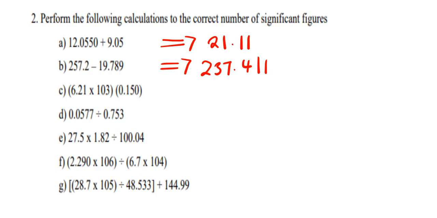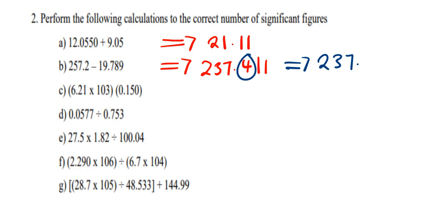I have to consider the one with the least amount of decimal places, because this is addition and subtraction. Which one of the two has the least decimal places? This one only has 1 decimal place at the end, the other one has 3 decimal places. So my answer, I'm going to round off to 1 decimal place. Therefore my final answer will be 237 point.